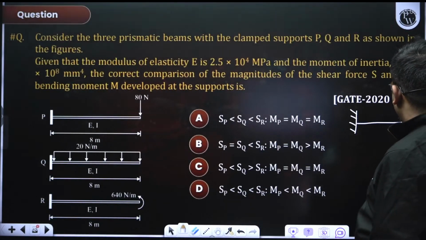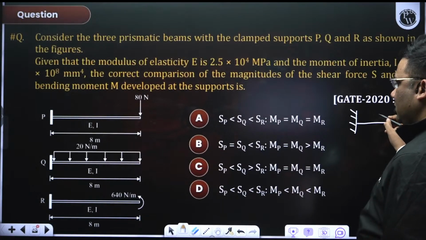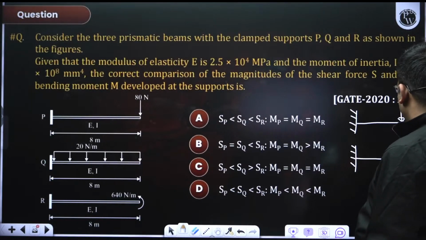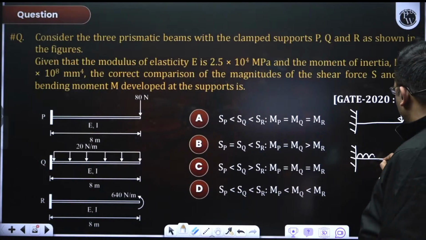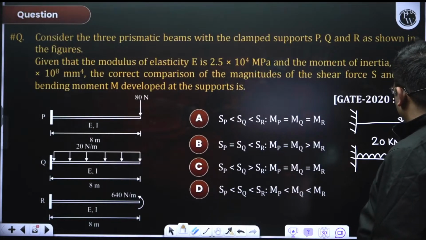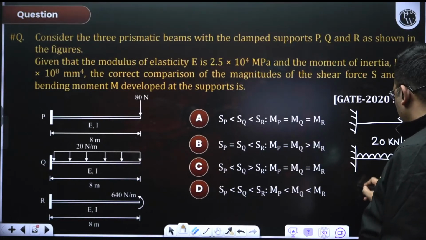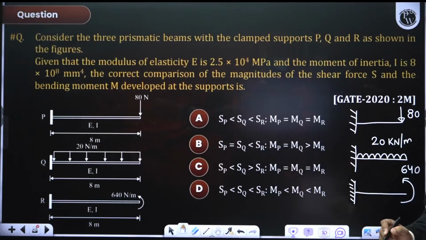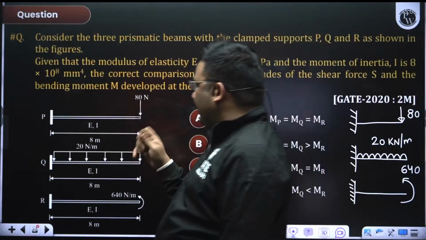On one cantilever beam, a point load is acting. Yes, all of them are 8 meter. On another cantilever beam, there is a UDL acting. On another cantilever beam, there is a moment acting. All of them are the same. So they are asking the shear force and bending moment at the supports.